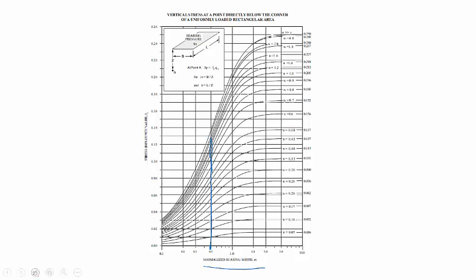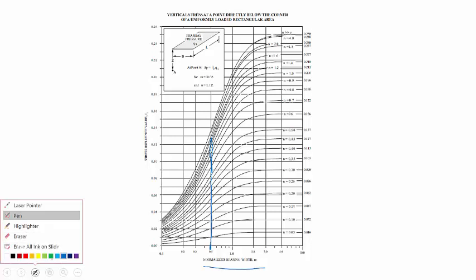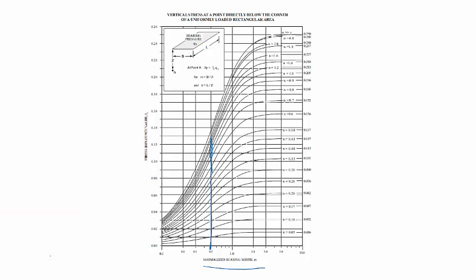And now N was 0.75, and that is halfway between these two right here, 0.7 and 0.8. So I'm going to draw a line. It's not going to be perfect here, but should work okay right about there. And where those two cross becomes our influence factor.